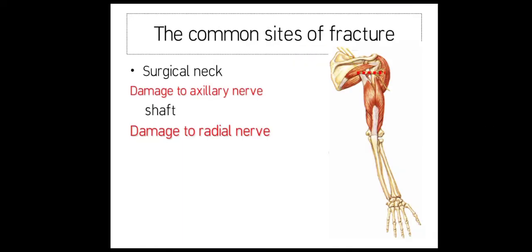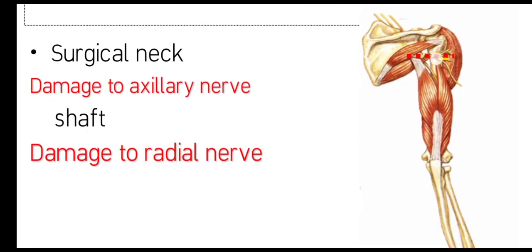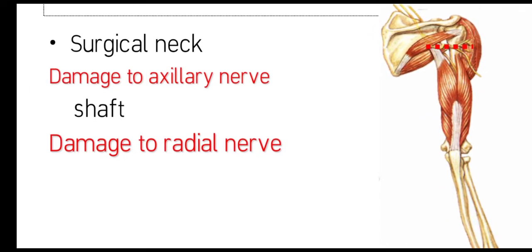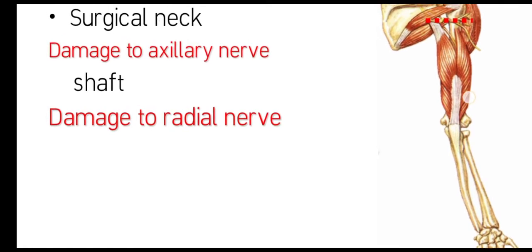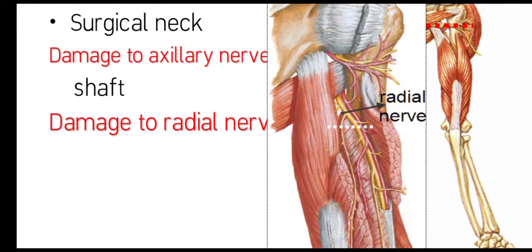That is discussed again. Damage to axillary nerve takes place if there is fracture of the surgical neck. If there is fracture of the shaft, it damages the radial nerve.